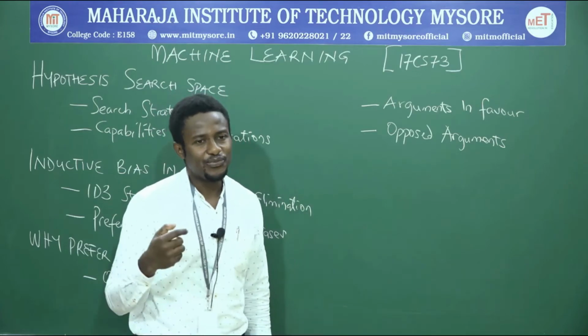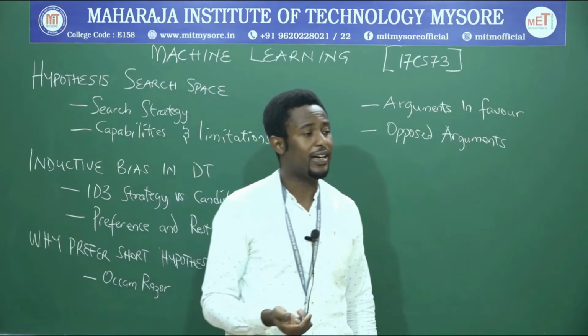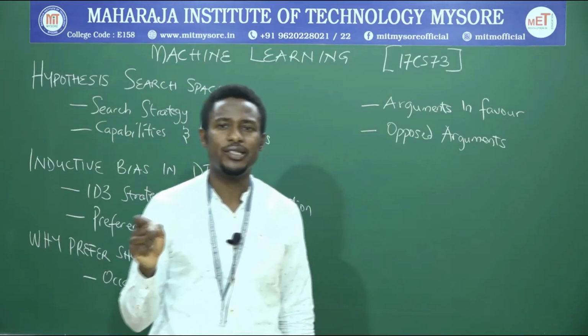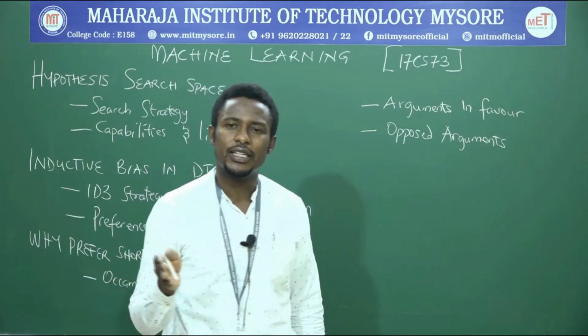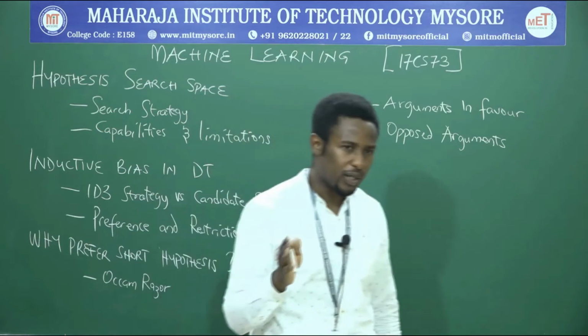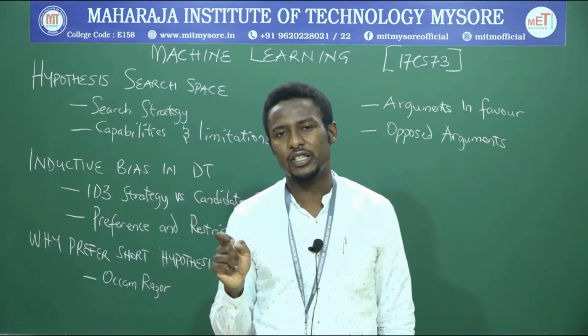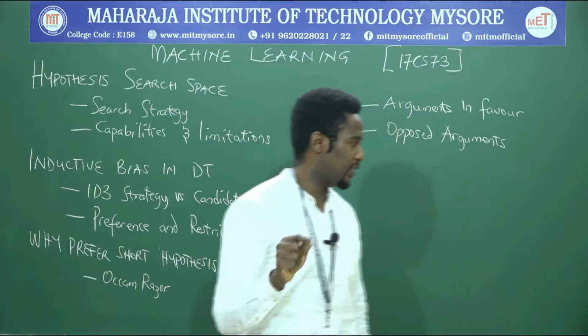So what do we mean by this mirroring the hypothesis space of hill climbing? Because it starts with an empty tree. Then it considers progressively more elaborate hypotheses in the search space, looking for one which classifies the training data.